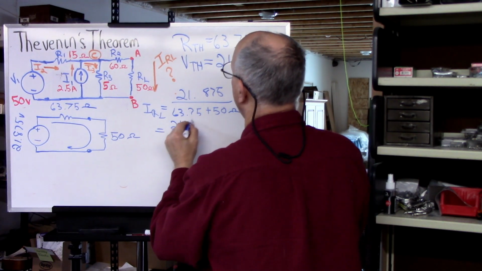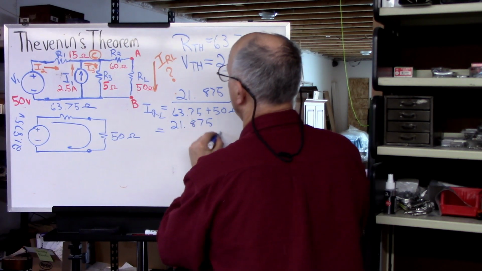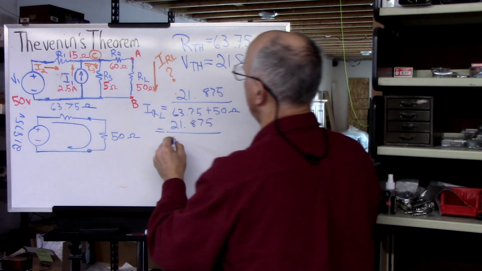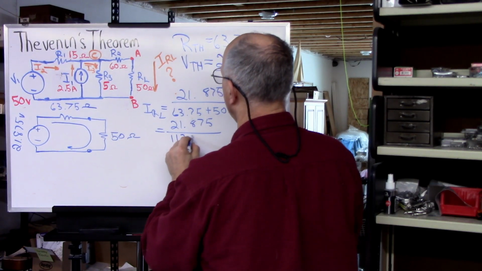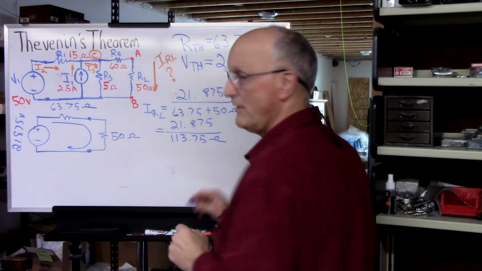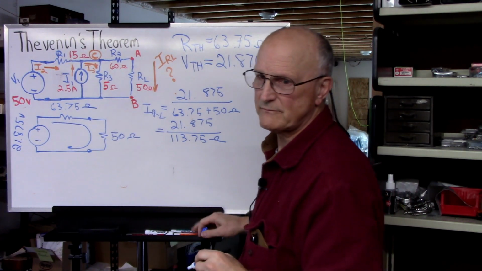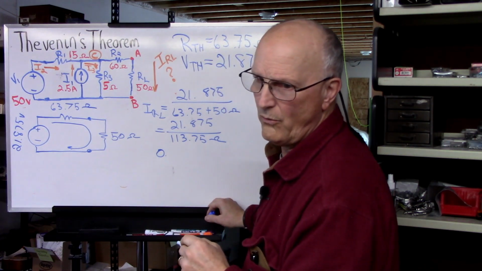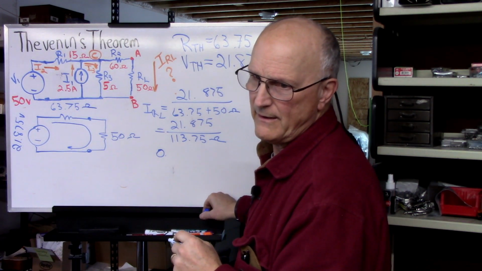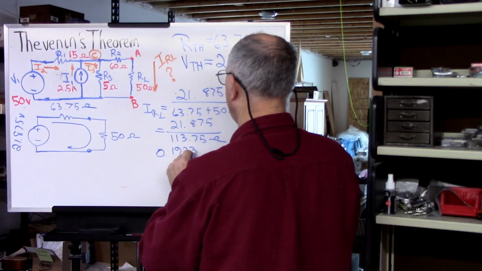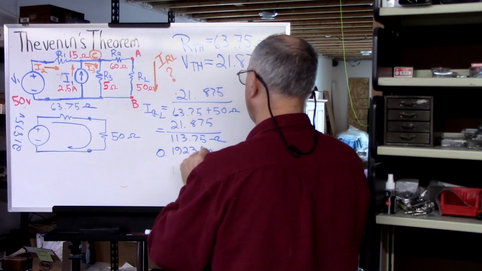We have 21.875 divided by 113.75 ohms. You do the math, and this comes out to 0.1923 amps.